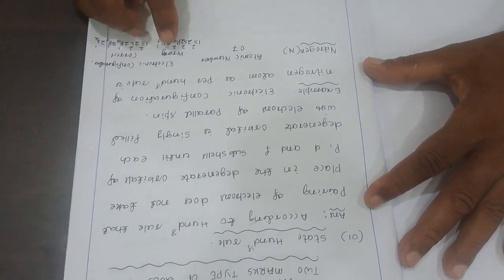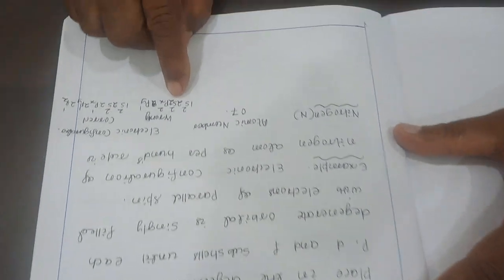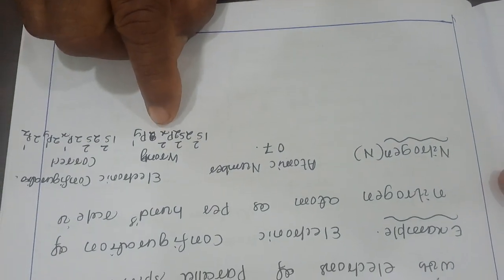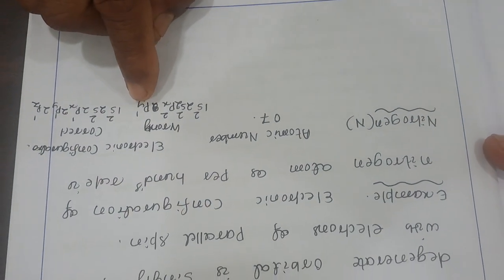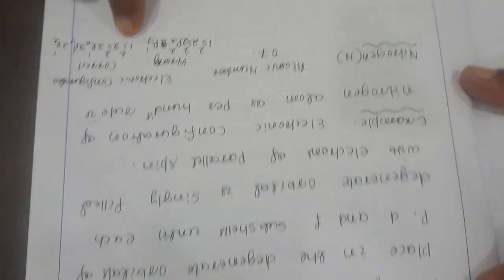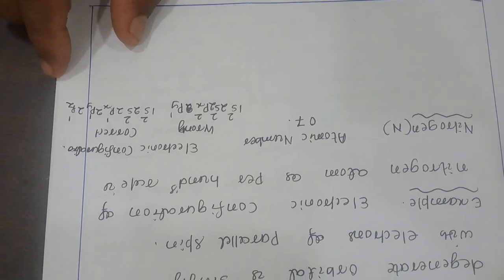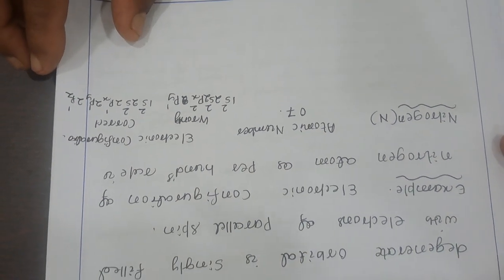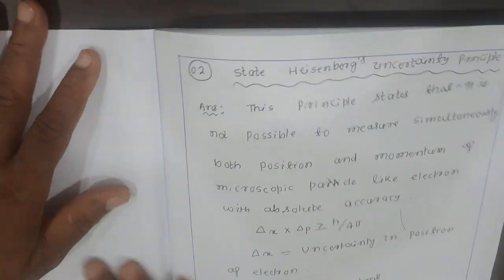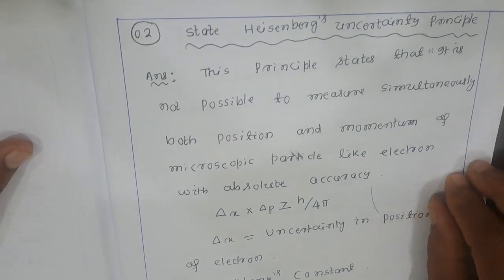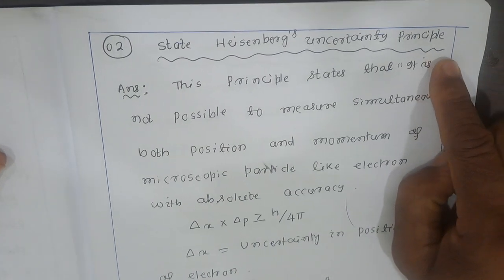Electronic configuration wrong is 1s2, 2s2, 2px2, 2py1. But correct answer is 1s2, 2s2, 2px1, 2py1, 2pz1.